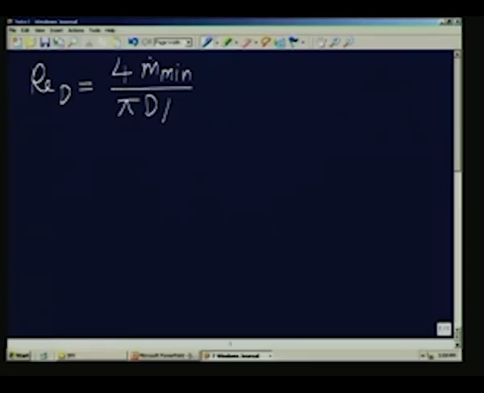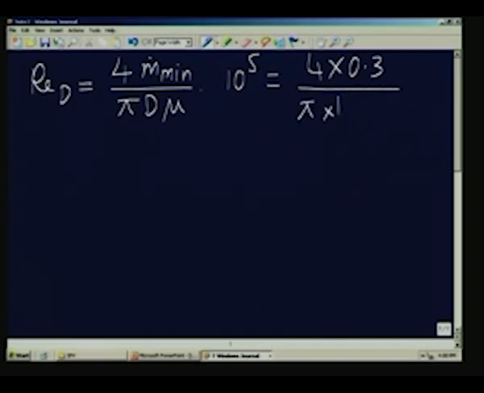So if I limit the value, if you remember, Reynolds number based on the diameter is given by 4 m dot minimum by pi D mu. So 10 to the power of 5 equals 4 into m dot, which is 0.3 kg per second, divided by pi into D, which we do not know, that is what we have to determine, and mu is 18.41 into 10 to the power of minus 6.